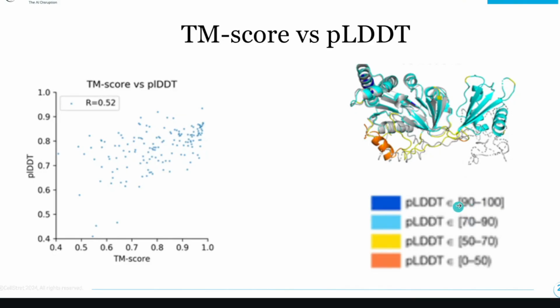The more it gravitates towards 90 to 100, the more reliable it is. This is a parameter used while looking at the structural reliability of protein structures by drug discovery scientists and AI scientists alike.